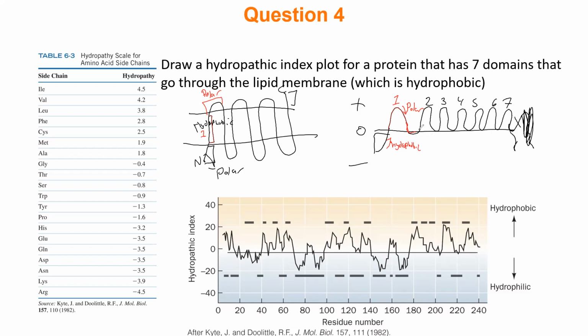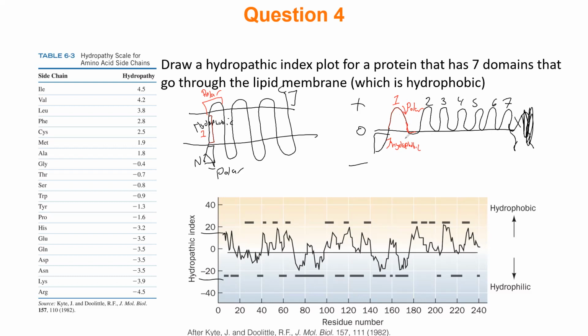So when thinking about hydrophobicity plots, the key things to remember are positive number, hydrophobic, negative number, hydrophilic. Pay attention to the slope. The line's going up, you have hydrophobic amino acids.